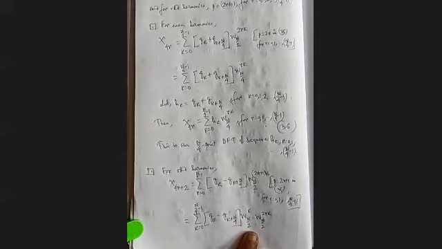Okay, this is the step. Now what we will do, we can also multiply it with 2, then wn to the power 2k.